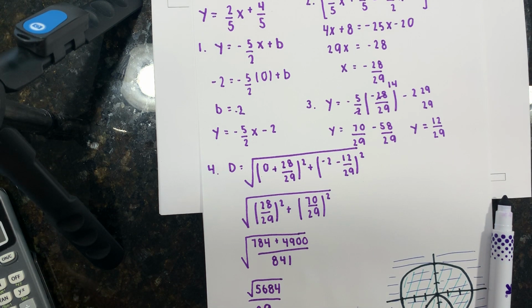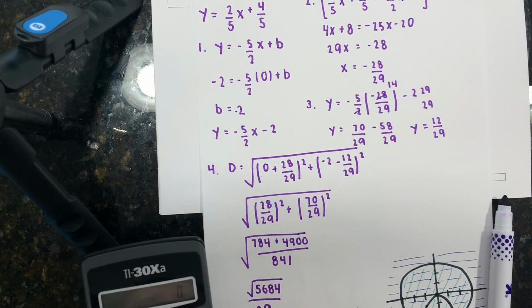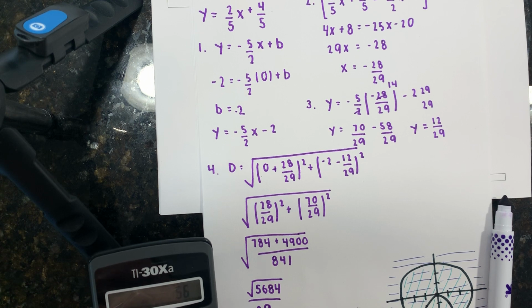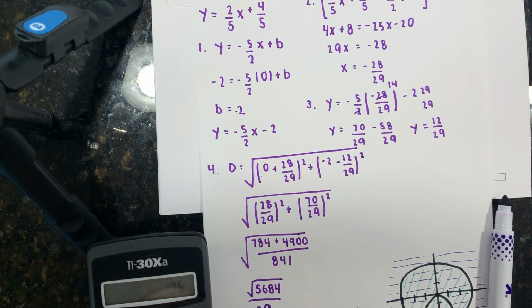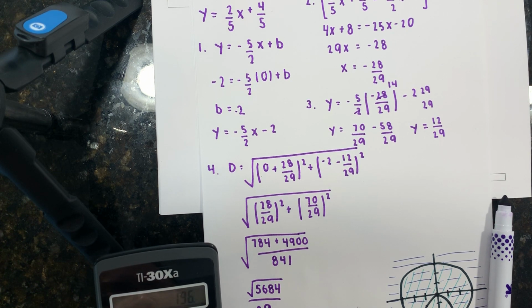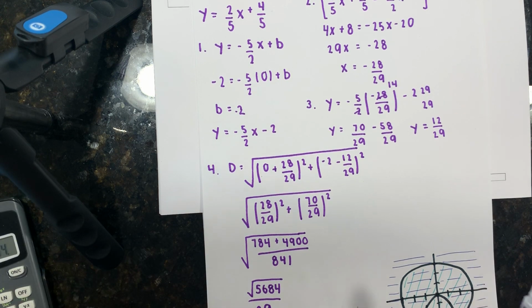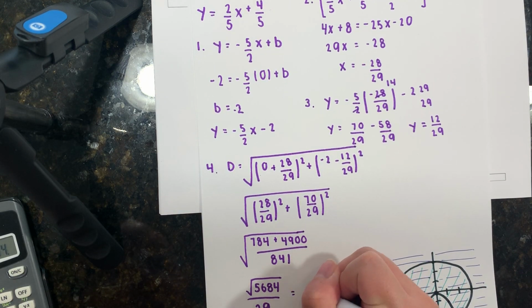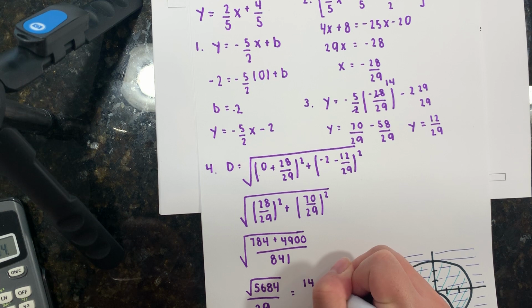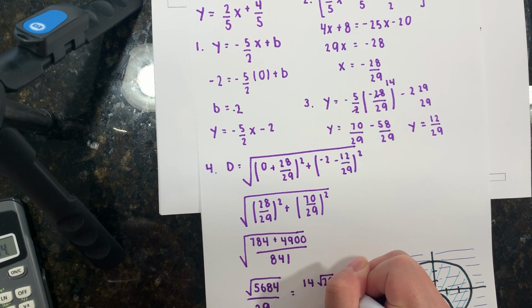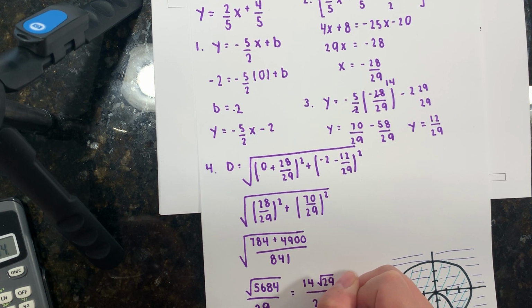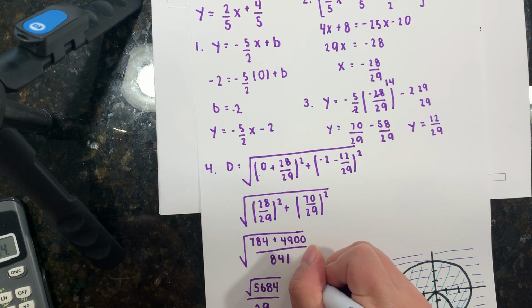Oh, this might be right. So let's do 5,684 divided by 29. Yeah, it is right. So this is actually 14 root 29 divided by 29 is your answer.